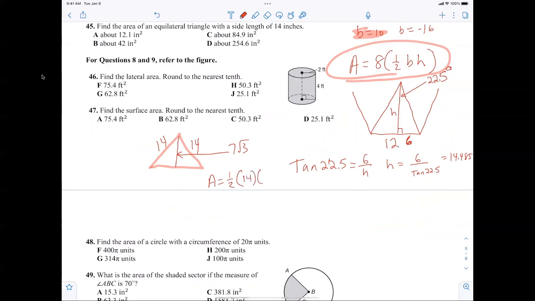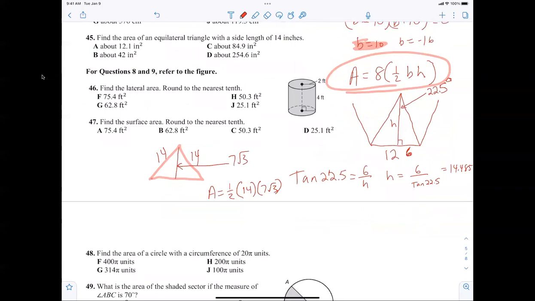What's the height? Thank you very much. 1/2 times 14 times 7 radical 3. Everybody do that and tell me what the answer is. What do we got? Is everybody happy with 84.9? Everybody good with 84.9?